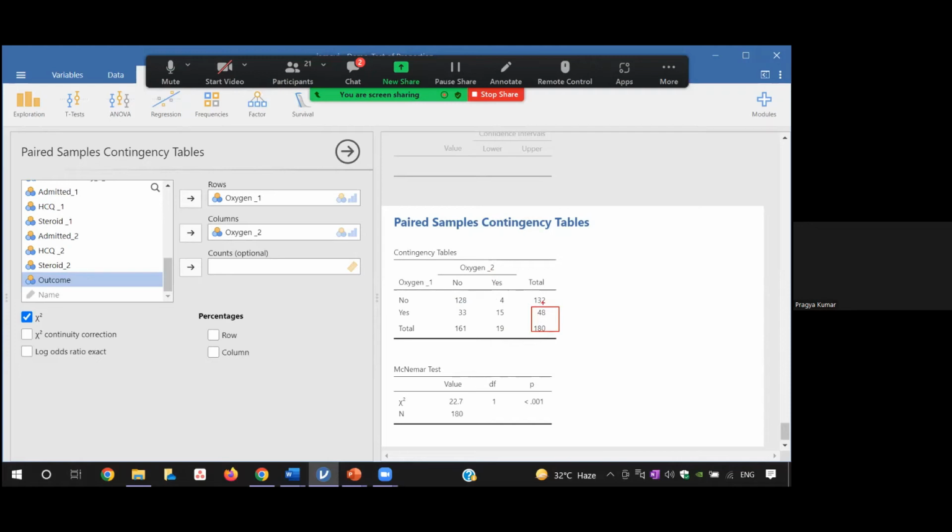And at the time of discharge, a total of 19 people were requiring the oxygen, because this is the yes after, at the time of discharge, this oxygen 2.